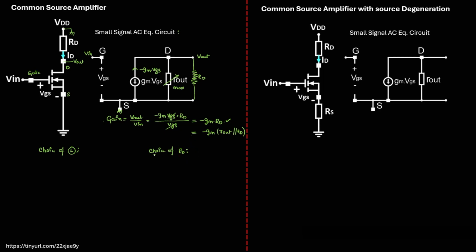There is no chance that we can keep any value of L and any value of RD. So there is a range of load resistance and a range of channel length that we have to choose. So before you do the simulation, let us have a discussion.